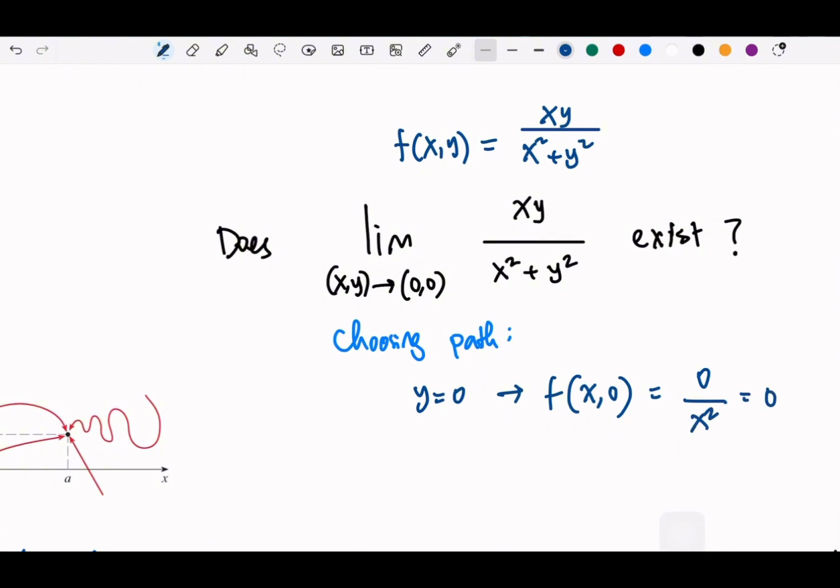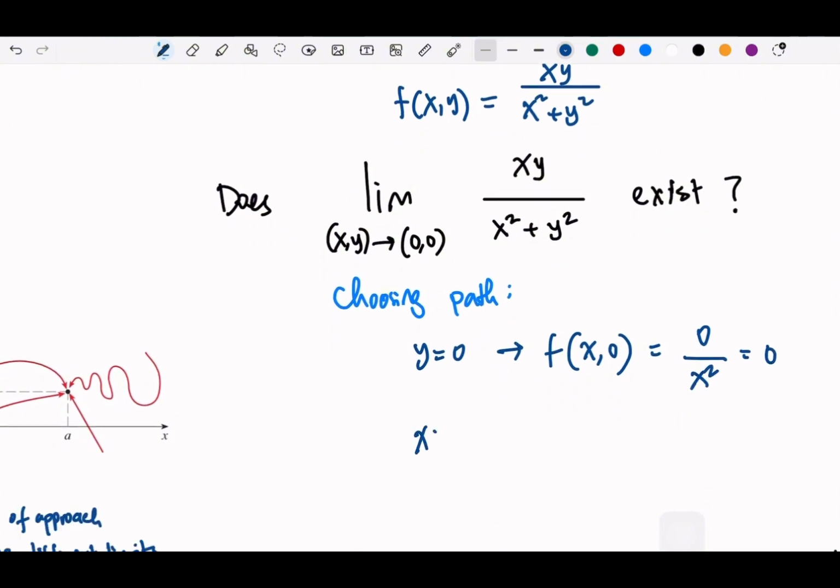And when x equals 0, it gives the same conclusion, 0 over y squared, which is 0. So arguably, we have two similar values, 0.